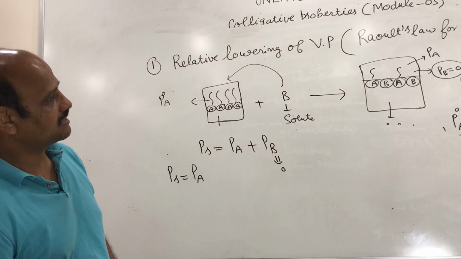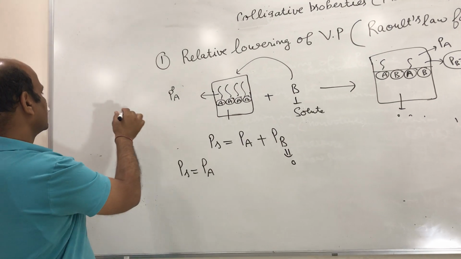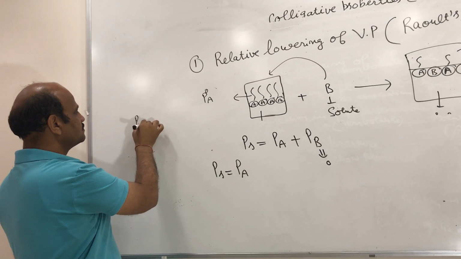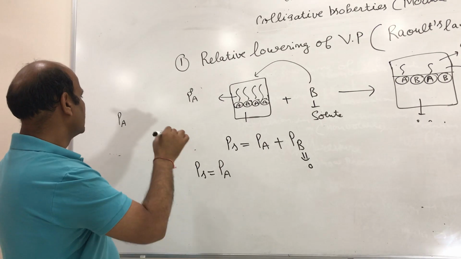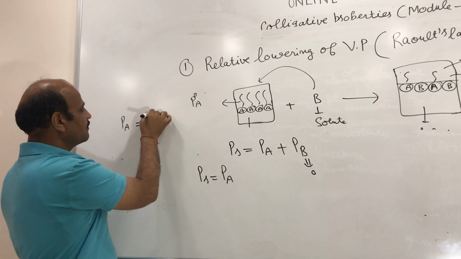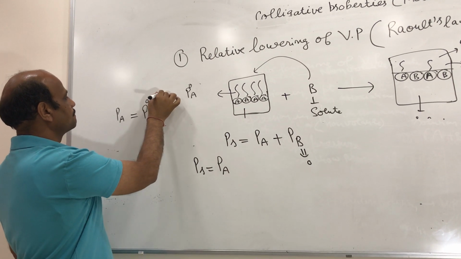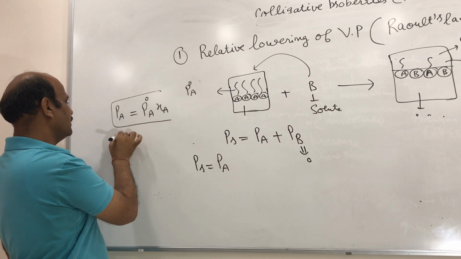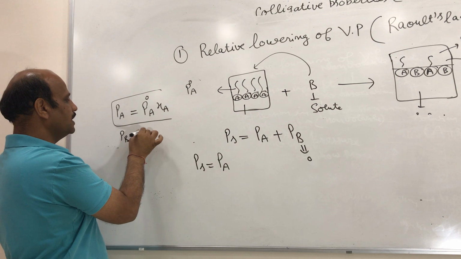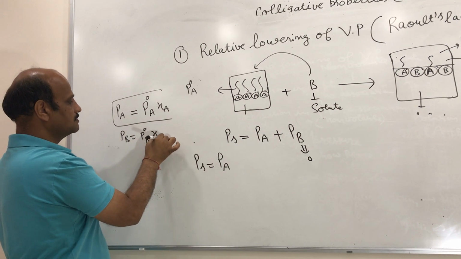And from last lecture we have discussed Raoult's law. And Raoult's law, what is that? That is PA equal to P naught A XA. We know PB equal to P naught B XB.